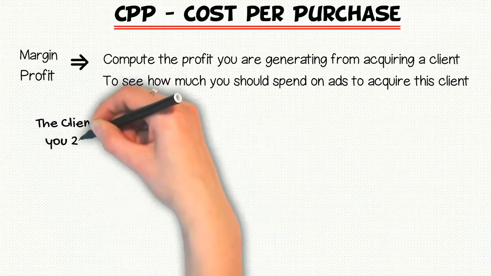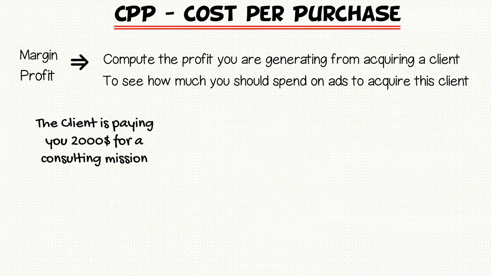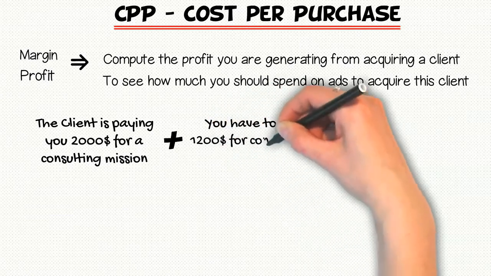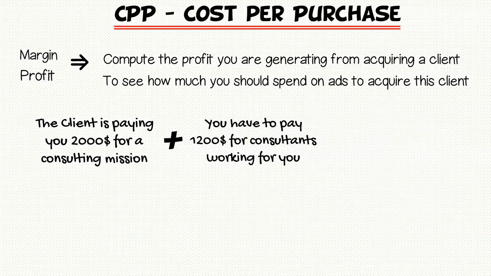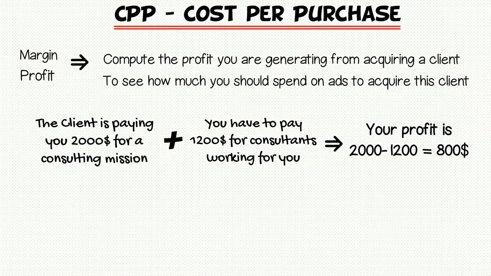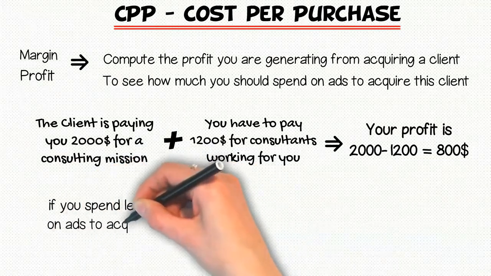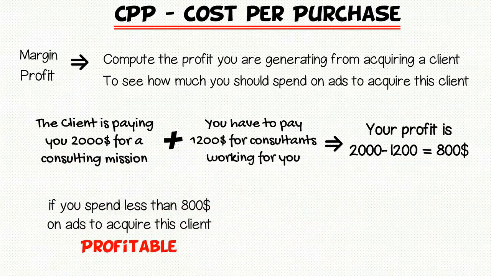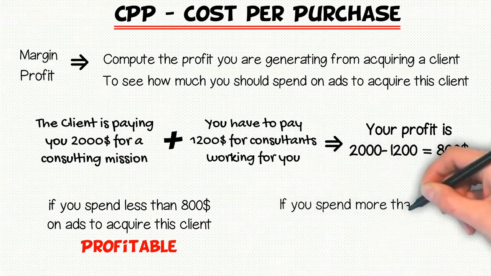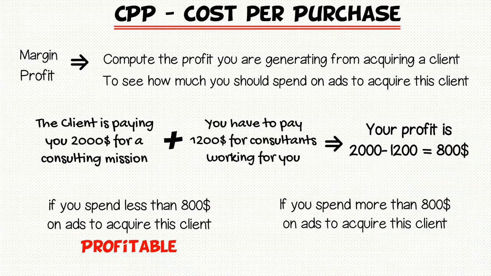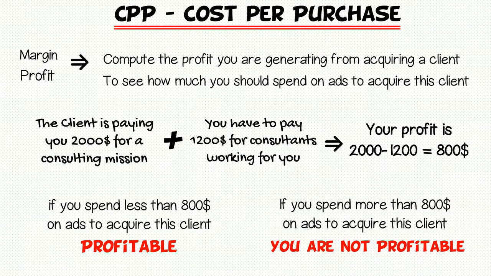If your client is paying you $2,000 for a consulting mission and you have to pay $1,200 for consultants working for you, it means your profit is $2,000 minus $1,200 equals $800. So now, if you spend less than $800 on ads to acquire this client, it means you are profitable. If you spend more than $800 on ads, it means you are not.